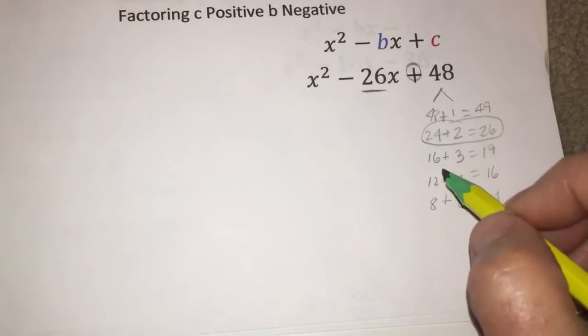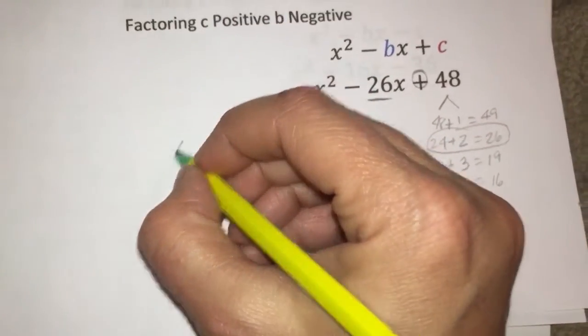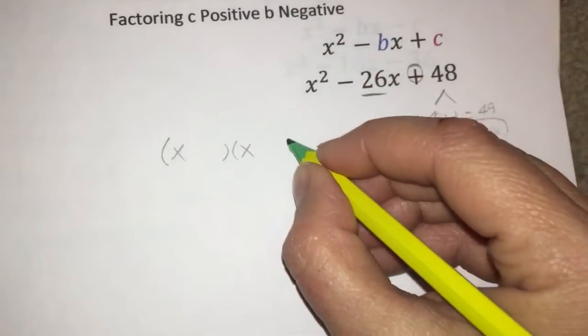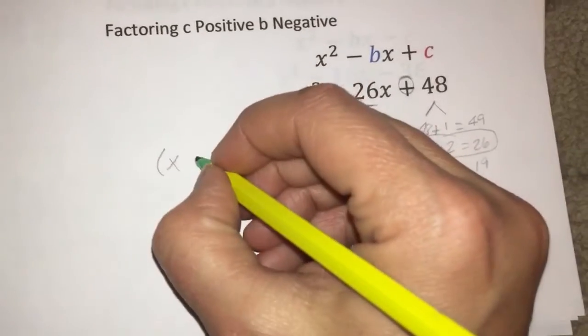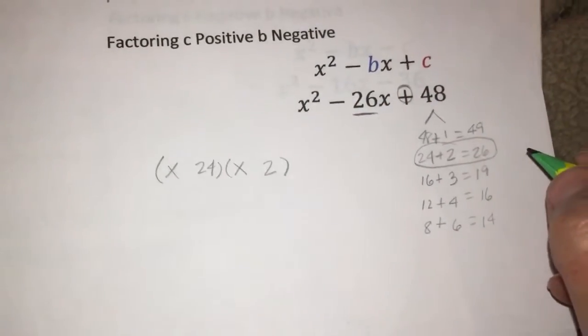So those are the two factors we're going to be using in our terms. So next you're going to write your two factors. And my two factors, you write the largest first, are 24 and 2.